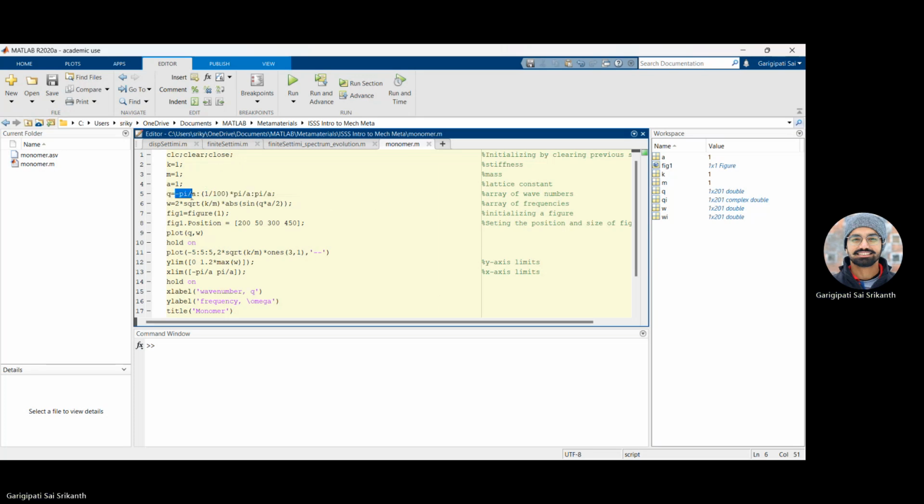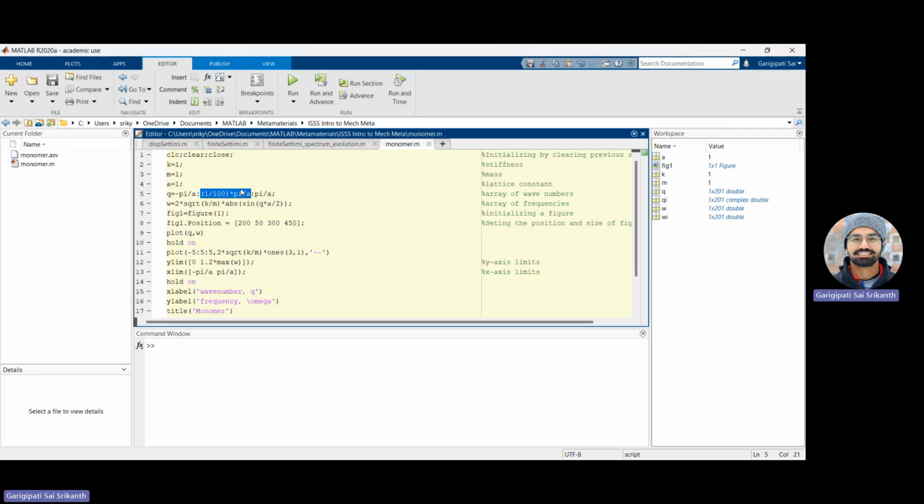The first term is the first value, the last term is the last value. This is how you describe a 1D array. And the term in the middle is the size of the step, so what should be the gap between different values?